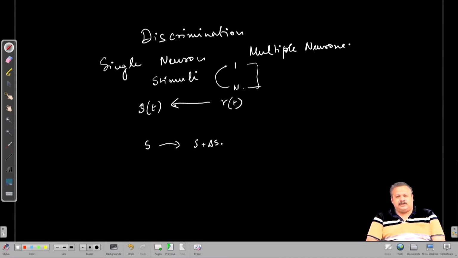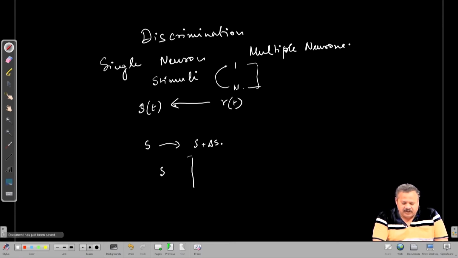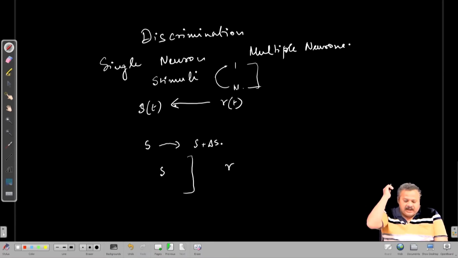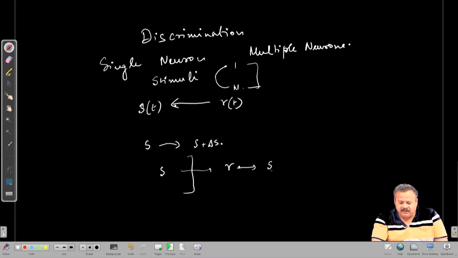So that means if for a small change there is a large change in the response, then it would mean that there is a high fidelity of encoding the stimulus S. So in the case that we will be studying, for a stimulus we have a set of responses, and from the responses we are going to estimate the stimulus S, estimate that particular value of the parameter of the stimulus.